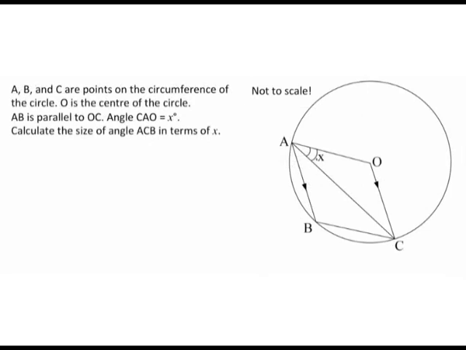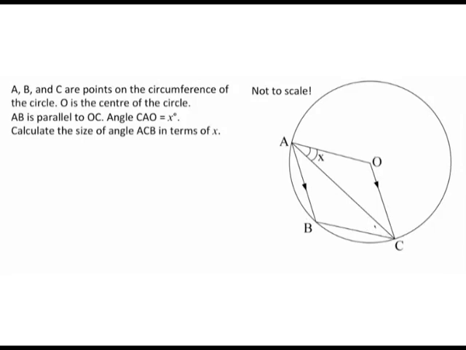Final example, and this is a funny one. We are given x instead of a number, and we are supposed to calculate angle ACB in terms of x. It is not as hard as you may be imagining. As long as you know the rules, you can work it out.